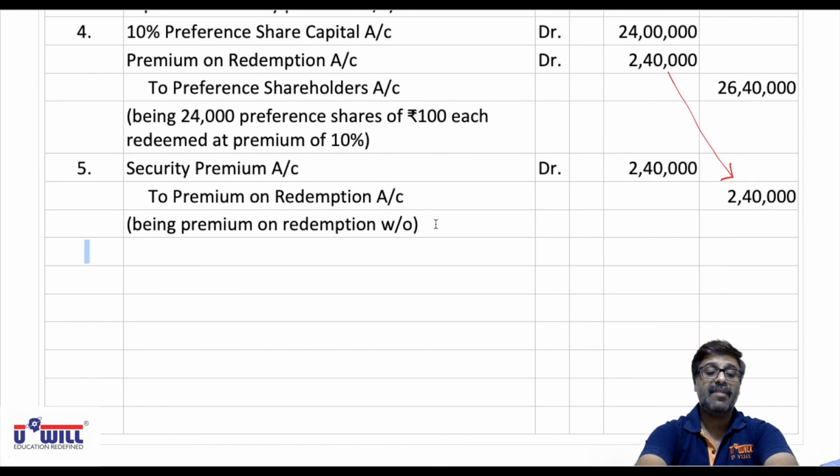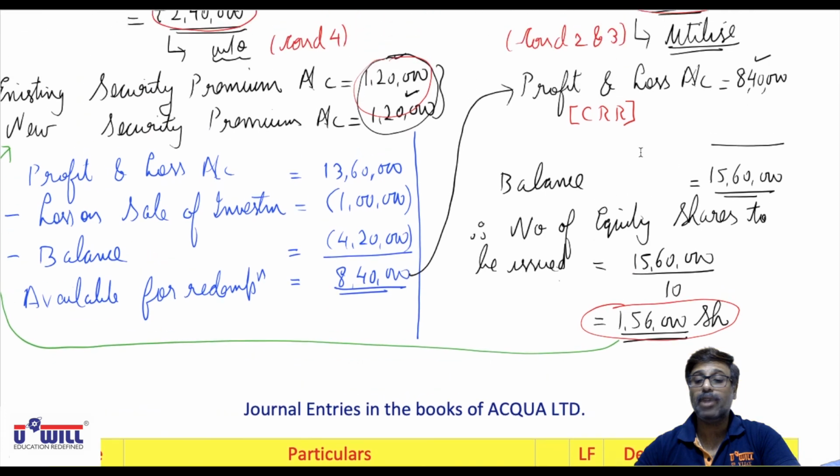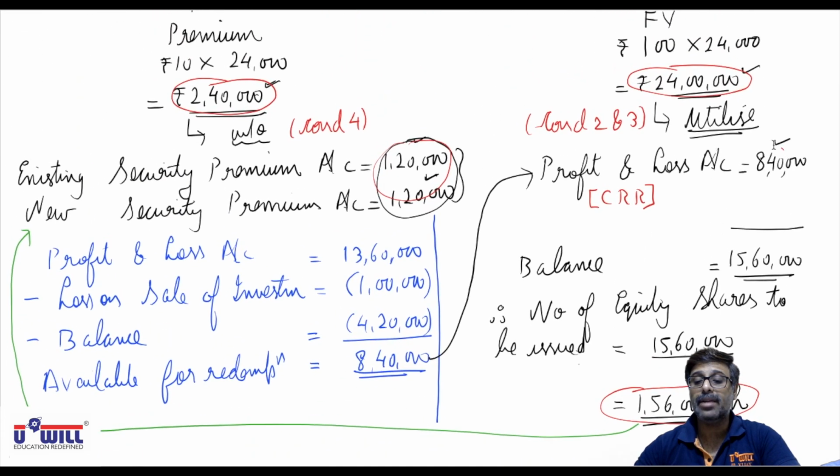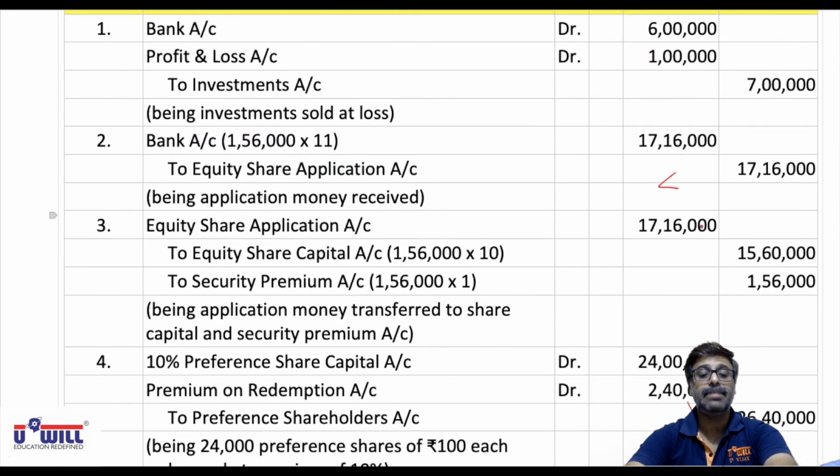Now next entry, after writing off the premium, from the profits of the company 8,40,000 we have to transfer to capital redemption reserve so that the total share capital remains same.